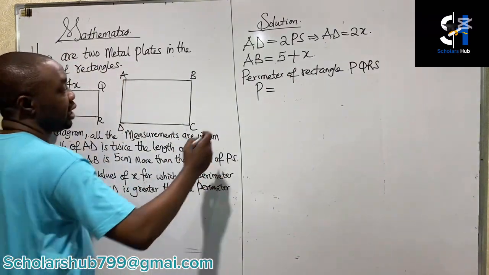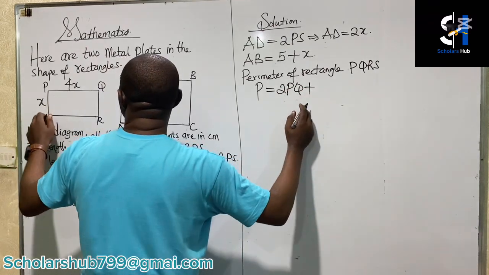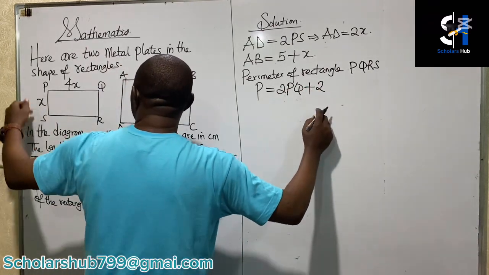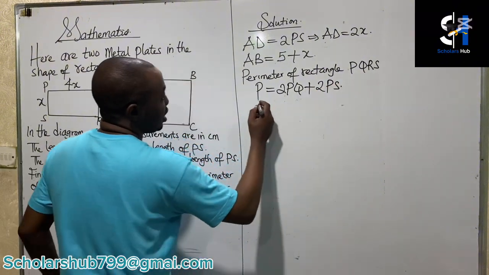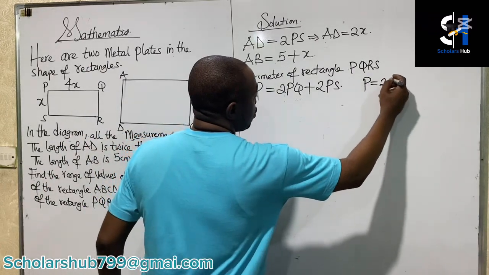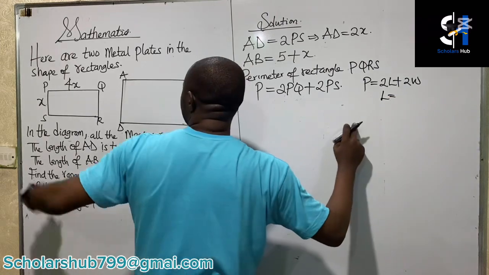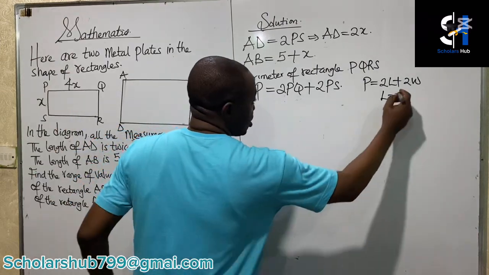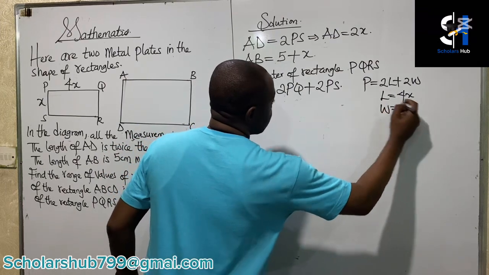So in this case, the length, this will be 2PQ plus 2PS, that's the perimeter. So from 2L plus 2W, remember the length of PQRS is 4x and the width is x.